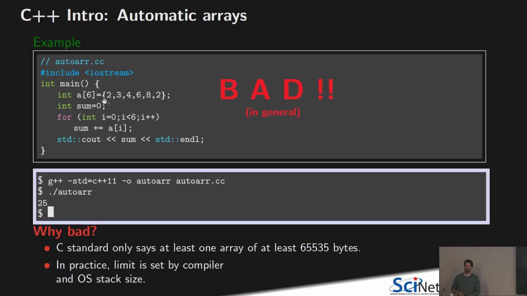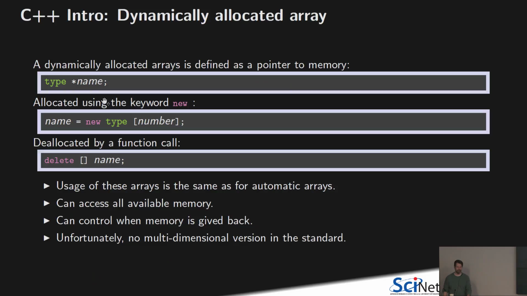So we're going to be doing large arrays, and we want to get away from this. The way to get away from that is to use what are called dynamically allocated arrays. Here we take the memory allocation in our own hands. We use the same idea that the name of an array is also a pointer to the first element, and we turn it around.